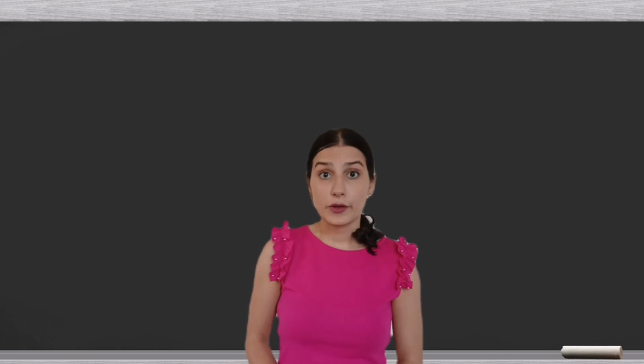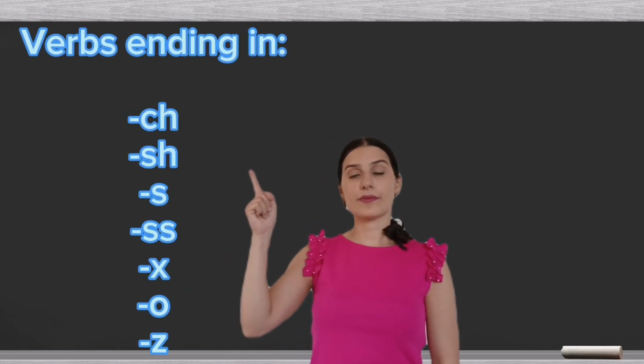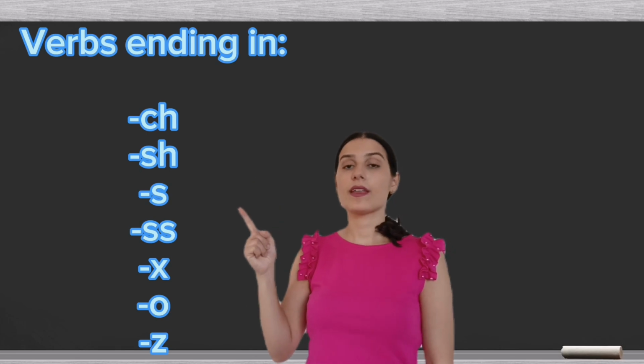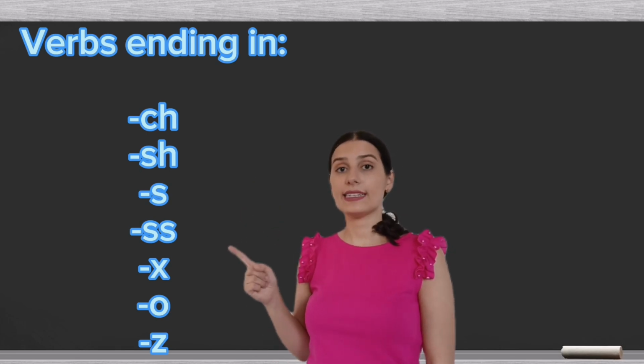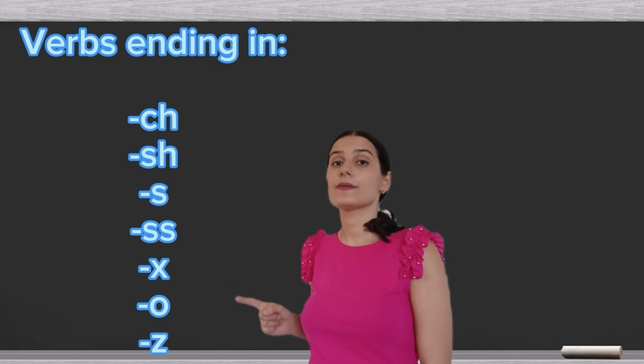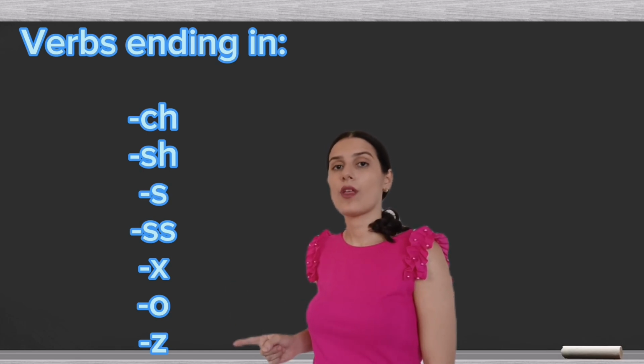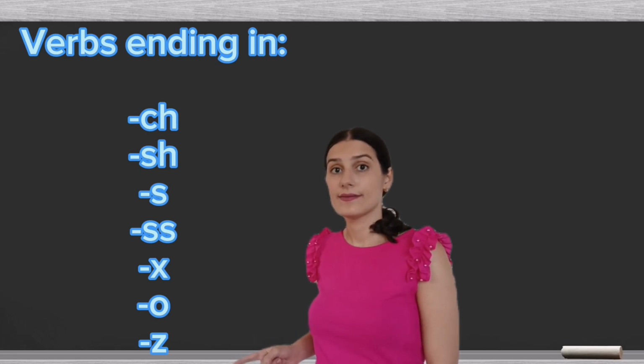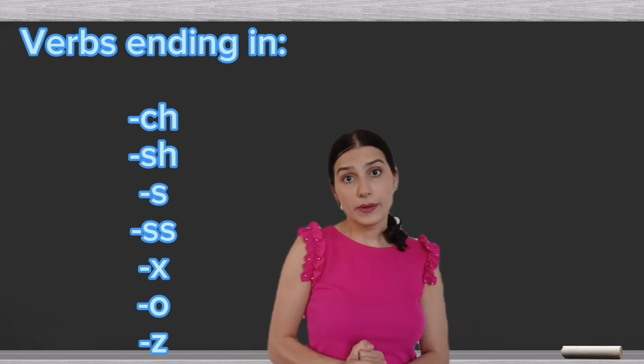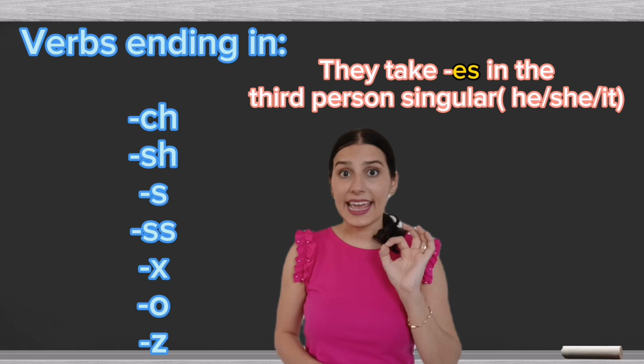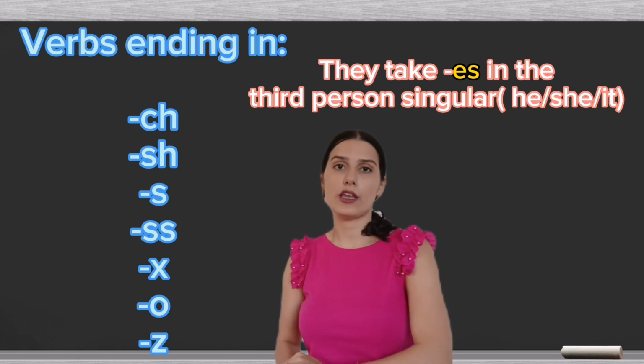What about the verbs that end in CH, SH, S, double S, X, O, and Z? These verbs take ES in the third person singular.